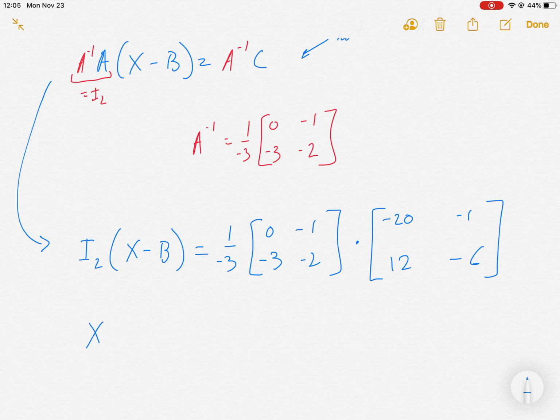Now on the left-hand side, I'm just left with x minus b, because anything times the identity is just going to equal itself. On the right-hand side, I have to go through and actually calculate this. So I'll leave the negative 1 over 3 out front for now. I'm going to do this multiplication, so it's going to be negative 12, positive 6, 60 minus 24 is also positive 6, and then 3 plus 12 will give me 15.